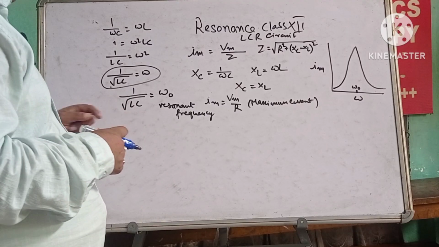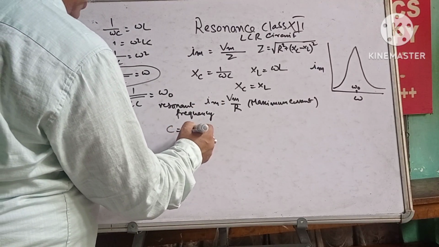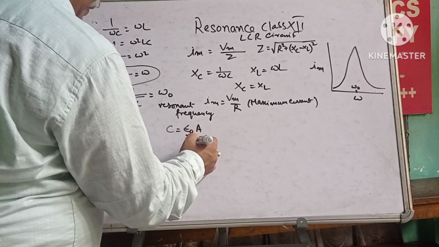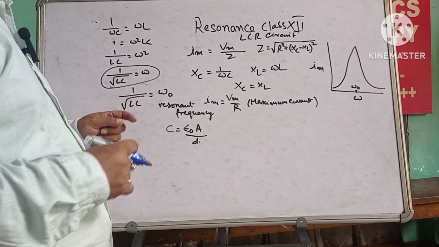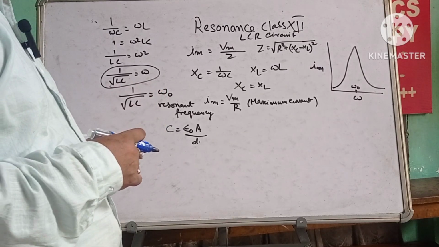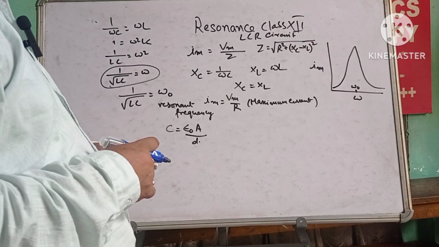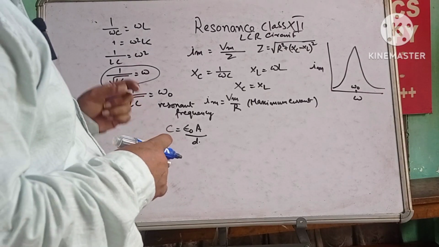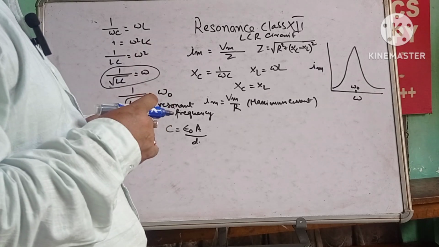How can we change this capacitance? Because your capacitance depends on the area of the plate. So by changing the area of the plate, we can change this omega. This is possible.